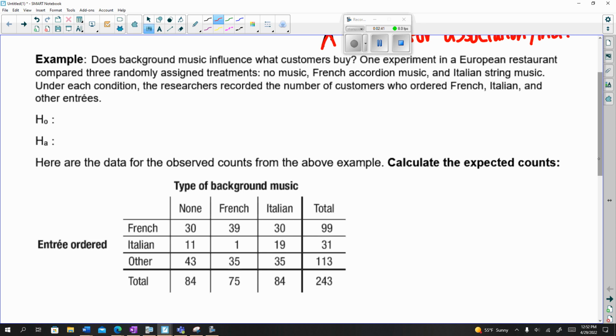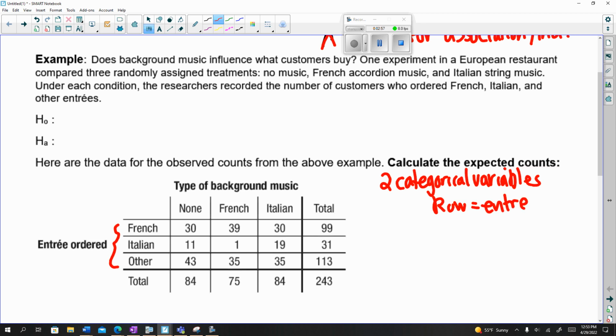These are 2 categorical variables, and there's a row variable and there's a column variable. The row variable is the one that's going across, which is the entree ordered. And the column variable is the one that's going up and down, like a column in a building, like the White House. And that's going to be your type of music.